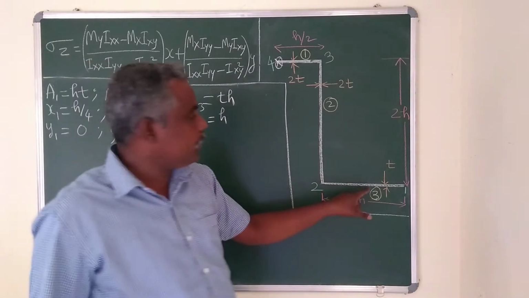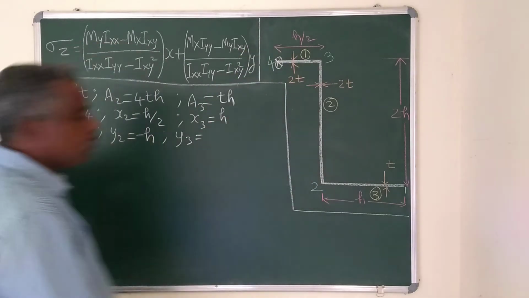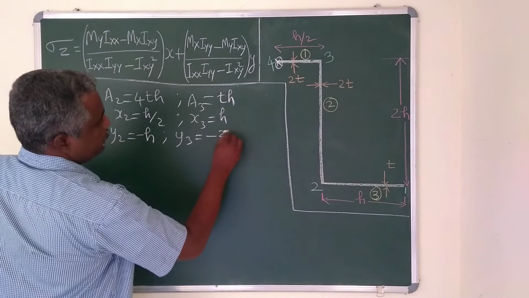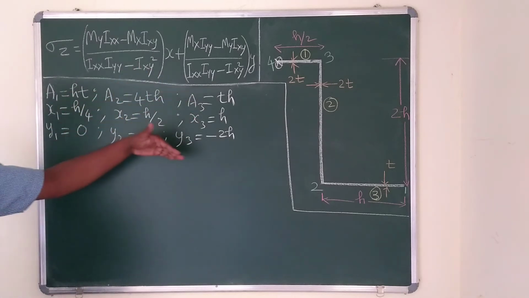For y3, the centroid is 2h below the reference point, so y3 is equal to minus 2h. So A1, x1, y1, A2, x2, y2, A3, x3, y3 are available.